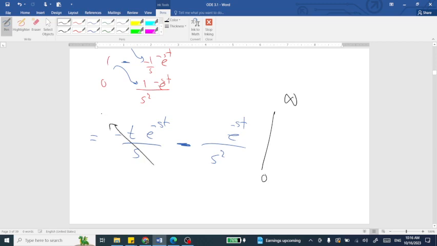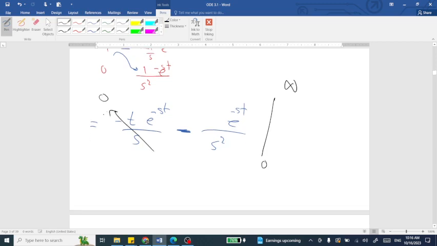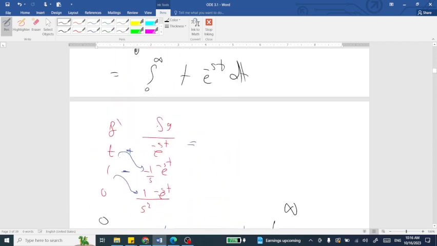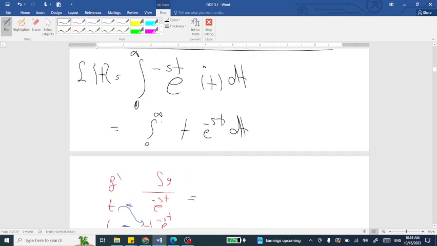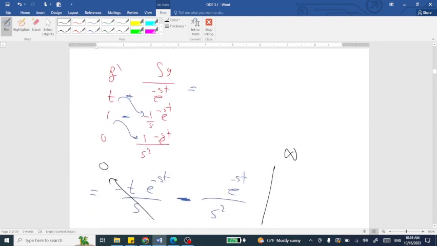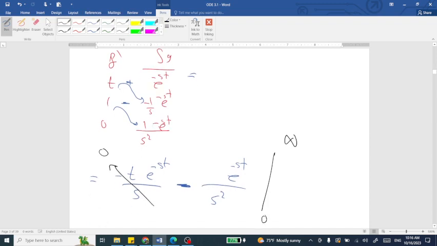You solve that one by L'Hopital's rule and you will get 0. Then, wait, there is something wrong.